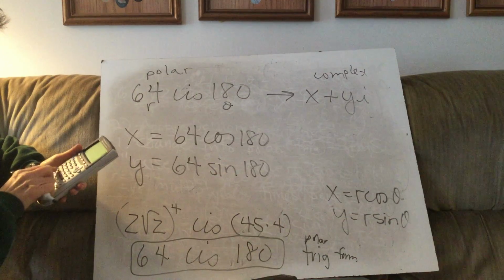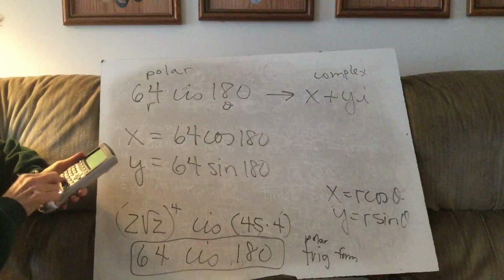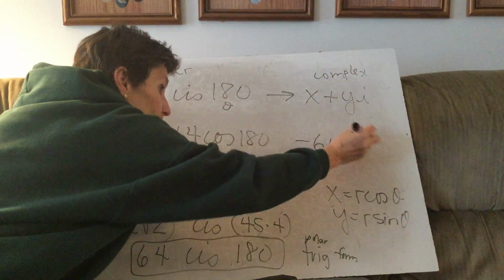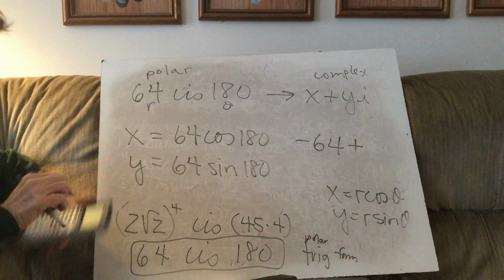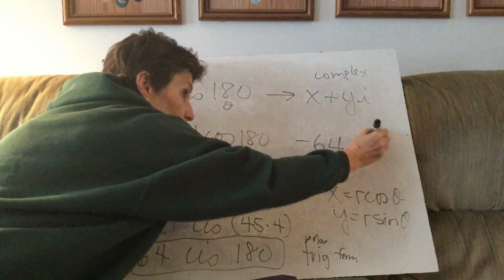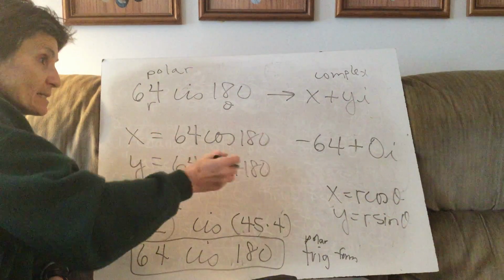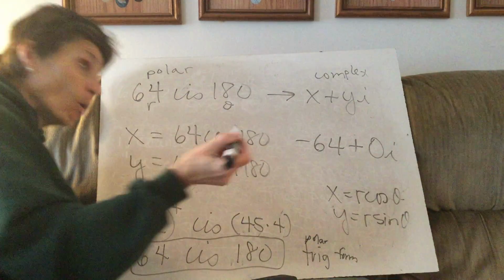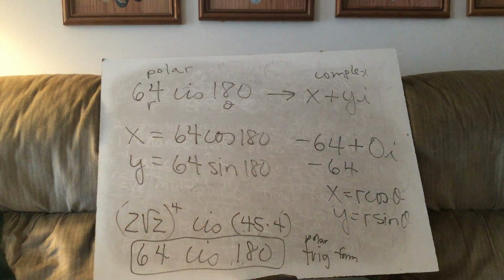So 64 cosine 180, whoa, and 64 sine 180. So this gave me negative 64, this gave me 0, so my answer is negative 64 plus 0i, or if you just want to write negative 64, that's okay too.